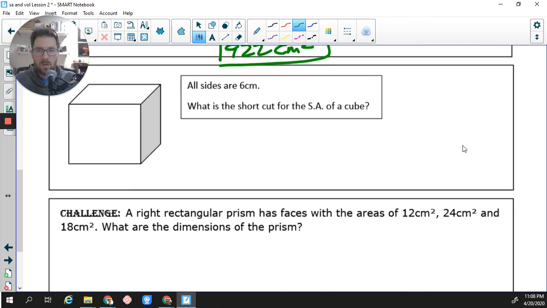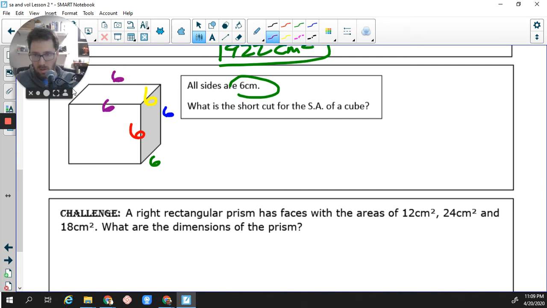One more way to shorten your time, if you take a look at a cube, let's see, here's a tricky one. All sides are 6 centimeters. So that means we know that this is 6, and this is 6, and this is 6, and this is 6, and you get the point, right?